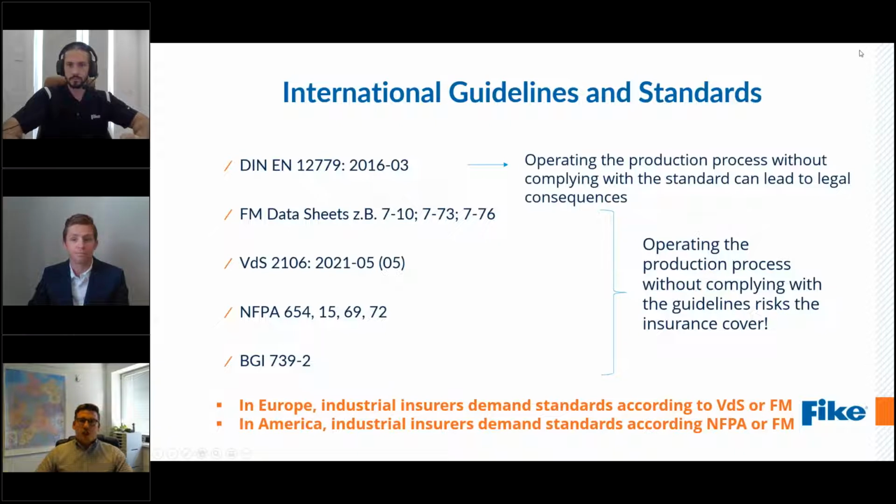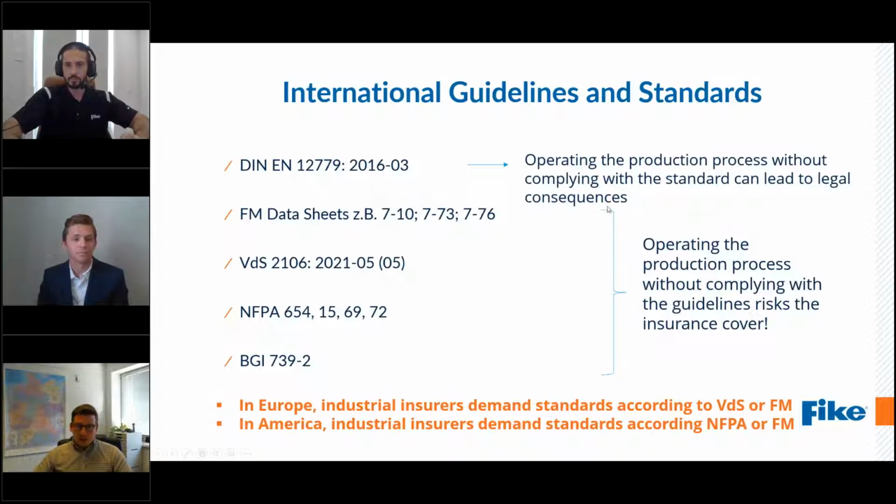Now we get to the international guidelines. Just a few of them. On the one hand, we have the DIN EN 12779. Operating the production process without complying with these standards can have legal consequences for the manager.